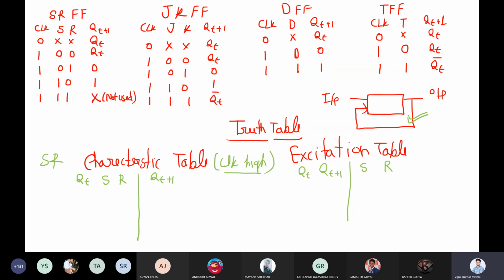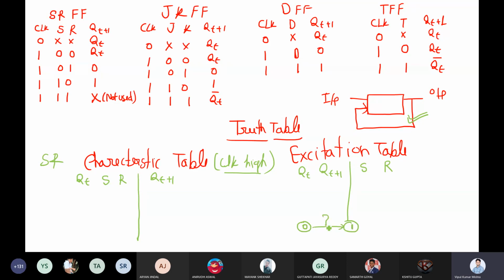So what the excitation table is saying: suppose you have two states. For example, one state is this, the second state is this. Or let me say, to make it much easier, suppose this is the 0, this is the 1, and you are going from here to here.